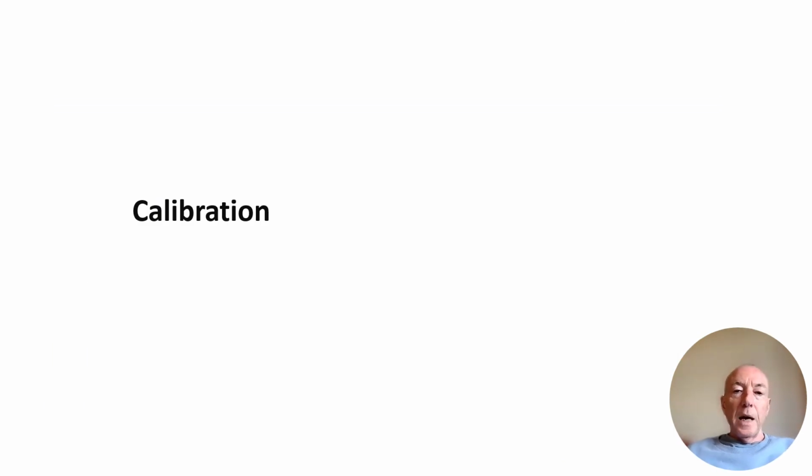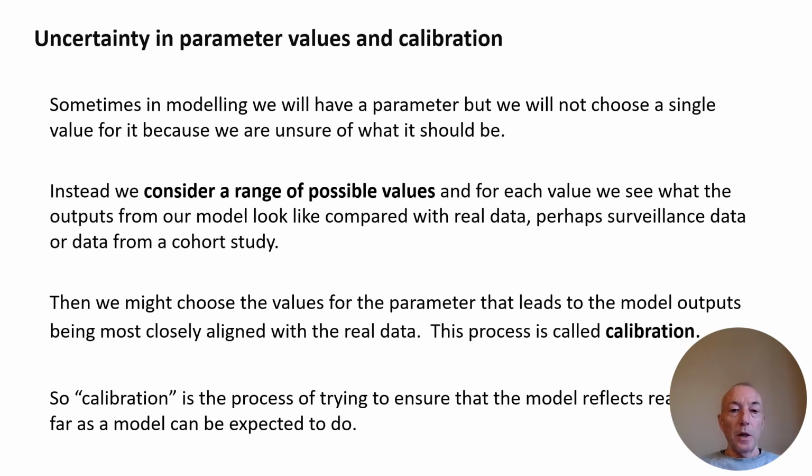So coming on now to calibration. Now, sometimes in modelling, we will have a parameter, but we will not choose a single value for the parameter because we're unsure of what that value should be. Instead, we consider a range of possible values for the parameter, and for each value, we run the model and we see what the outputs from our model look like compared with real data, perhaps surveillance data or data from a cohort study.